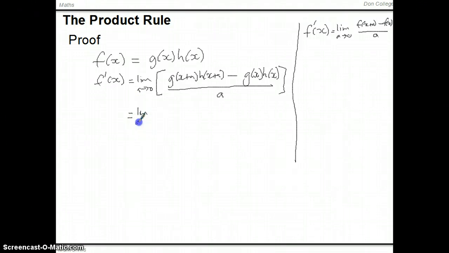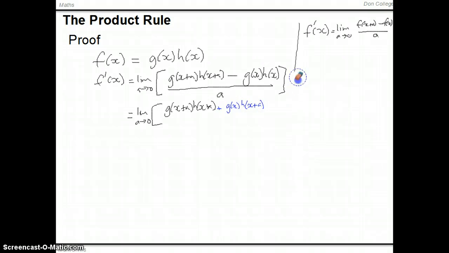So this is still the limit of, and I'm going to add g of x times h of x plus a, and then subtract that same thing, minus g of x times h of x plus a.